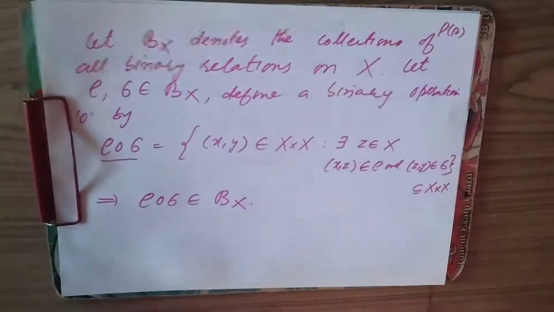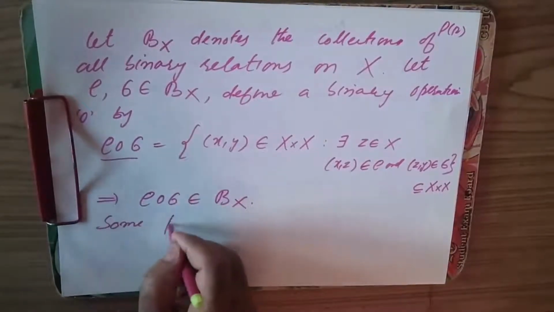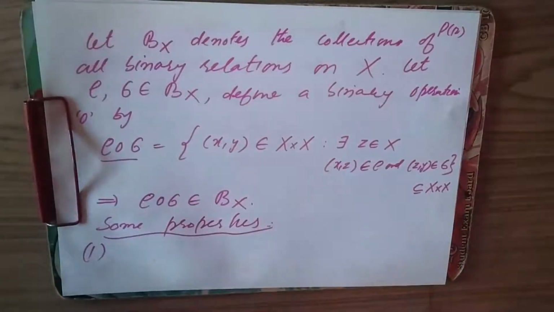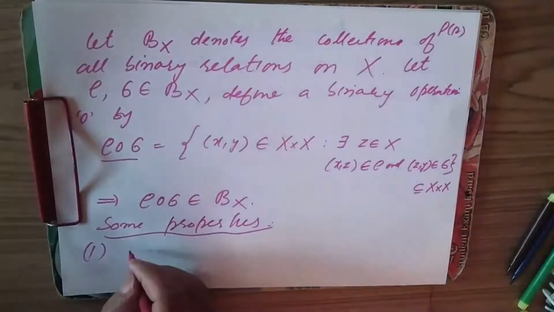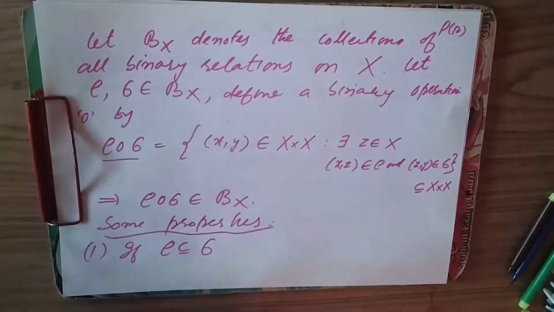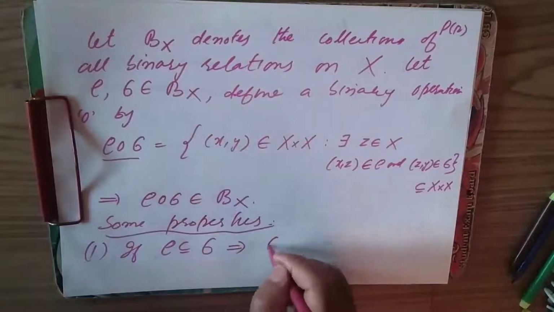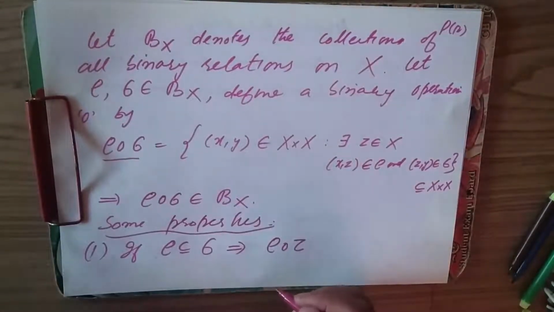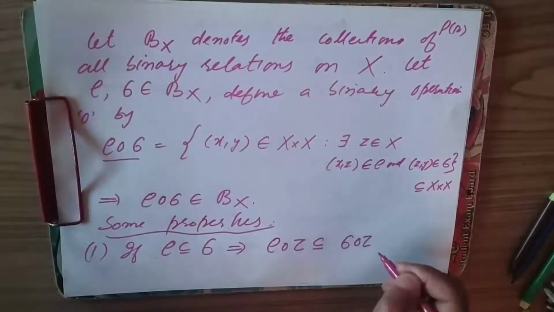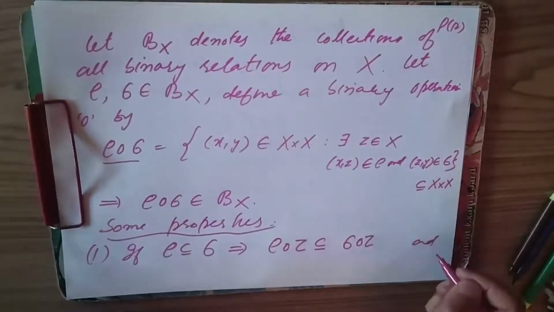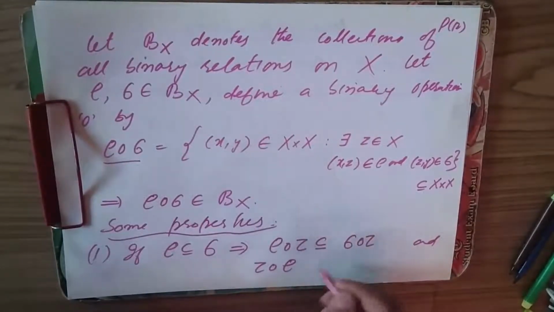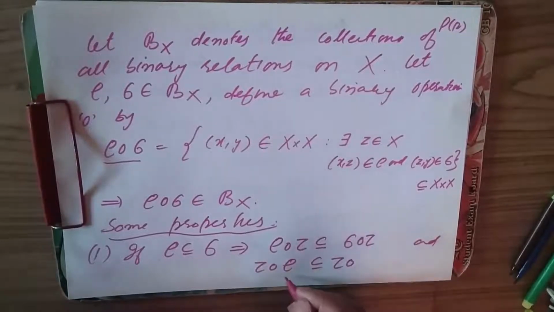The first property: if rho is a subset of sigma, and tau is a relation on X, a member of B_X, then rho composition tau is a subset of sigma composition tau, and on this side it's also true: tau composition rho is a subset of tau composition sigma.